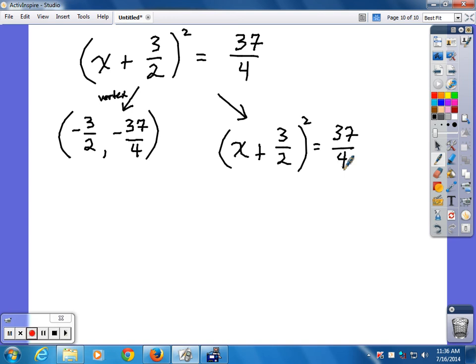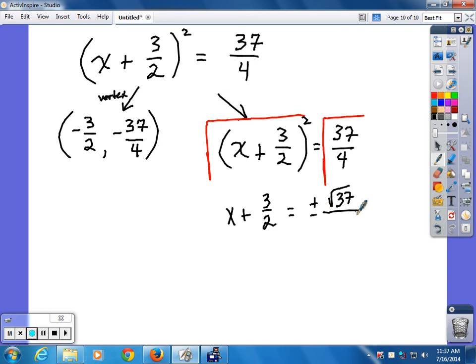And then how do you undo a square? Square root. That's going to give us x plus 3/2 is equal to positive or negative square root of 37 over 2.